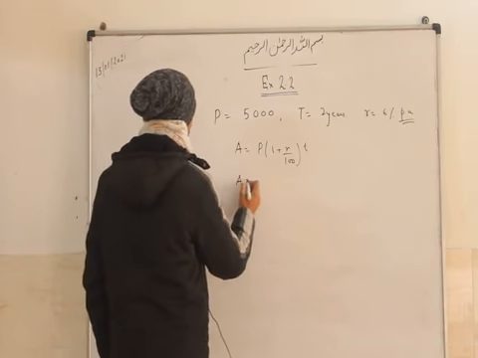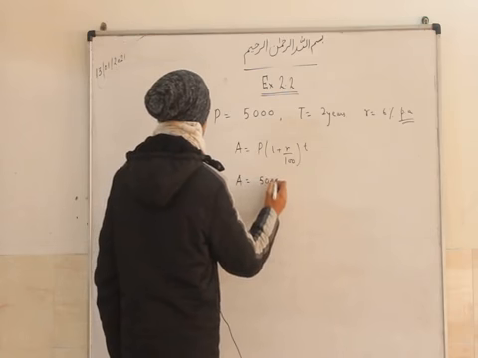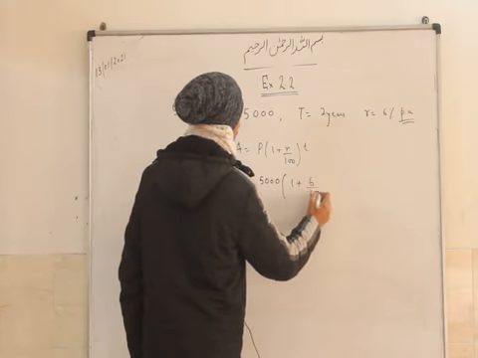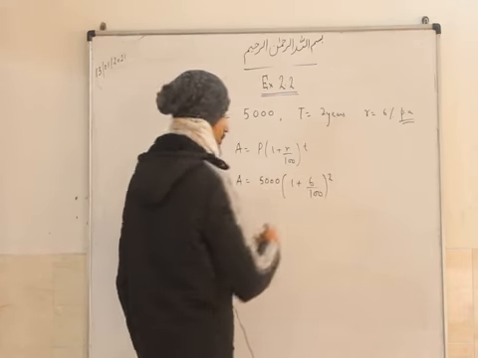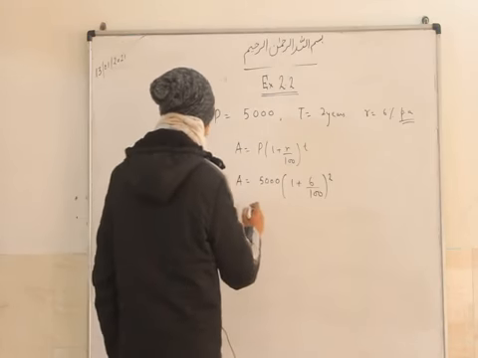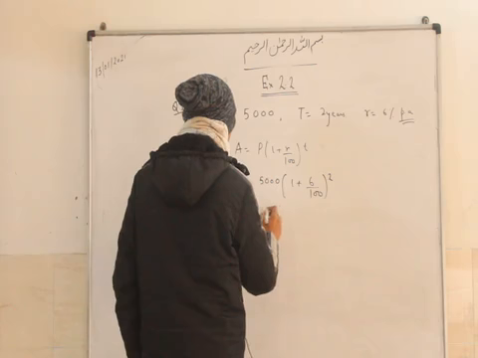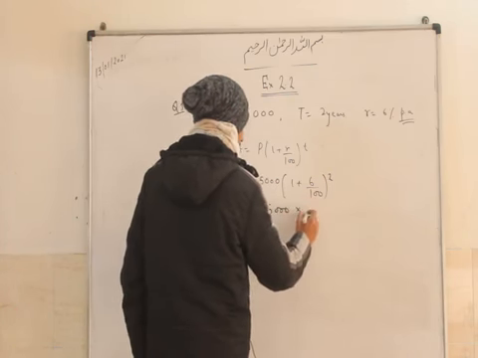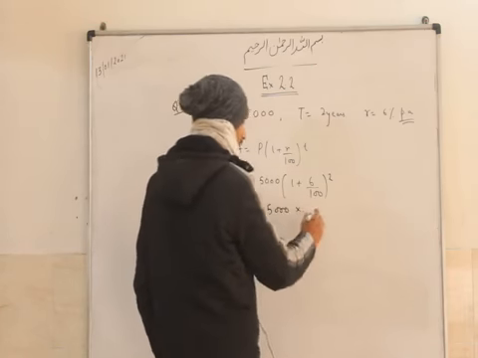So the amount will be 5,000 times (1 plus 6 by 100) to the power 2, for 2 years. Let's see, this is 5,000 and we will take the LCM, so 100, and this will be 106.